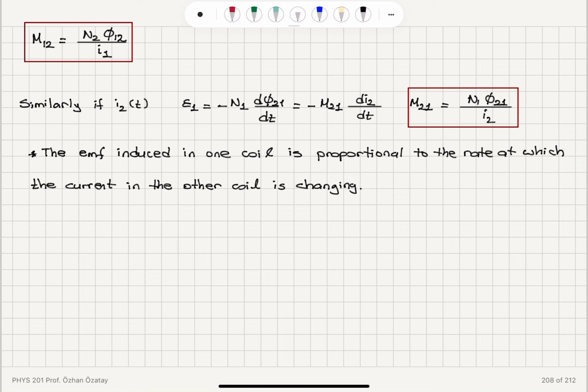So these two are the mutual inductances. The first one is due to coil 1 on coil 2, the second one is due to coil 2 on coil 1. So what it is telling us is that the EMF induced in one coil is proportional to the rate at which the current in the other coil is changing.